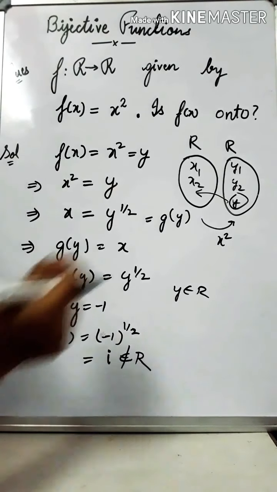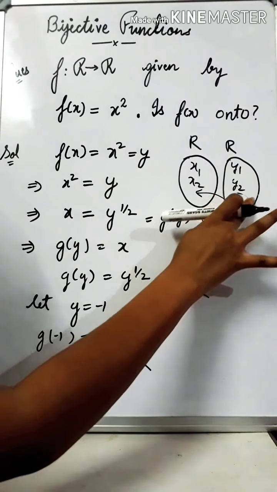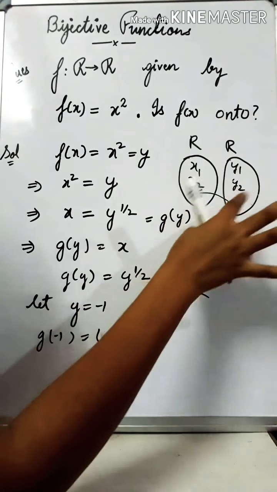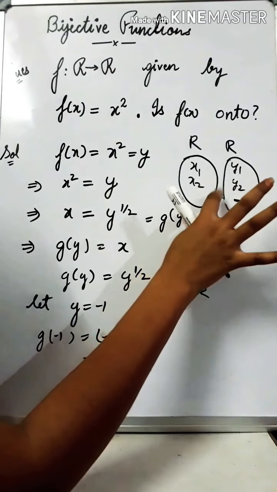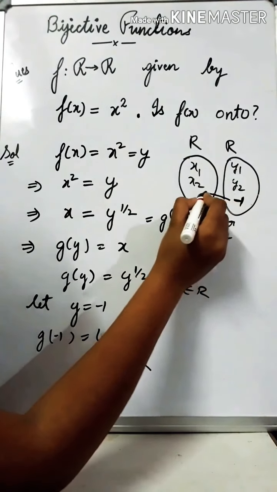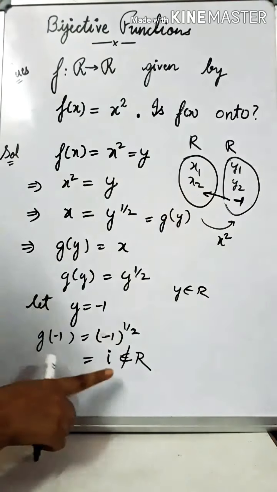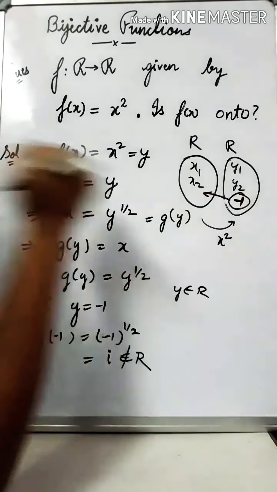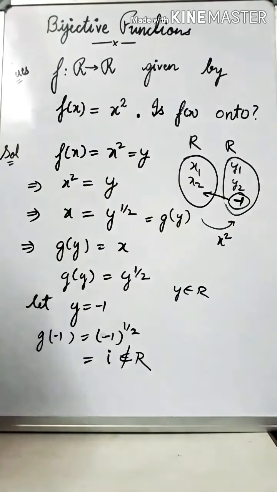So what did you get? If you take -1 from this codomain, you are not going to get any value in the domain. For -1 you don't have any pre-image, so you got a contradiction. Now you know according to the mapping your -1 is left free with no pre-image, so your function is not an onto function. So let me repeat it once again.